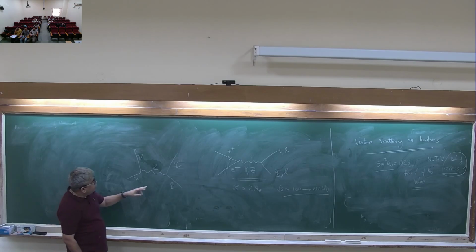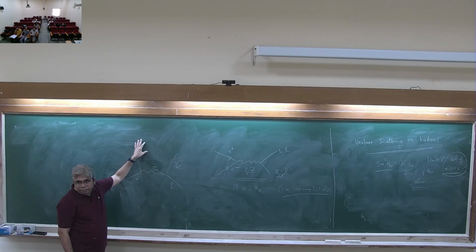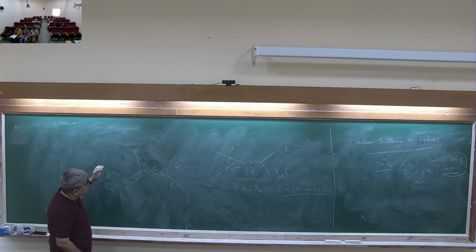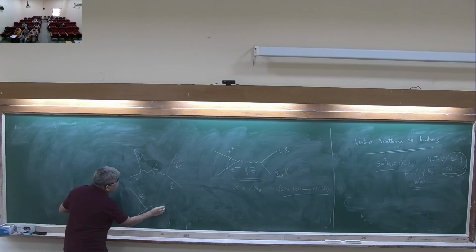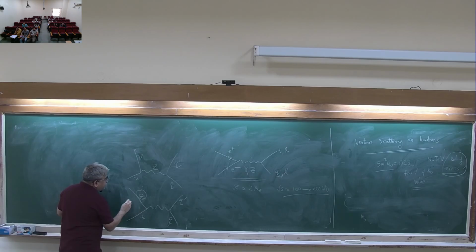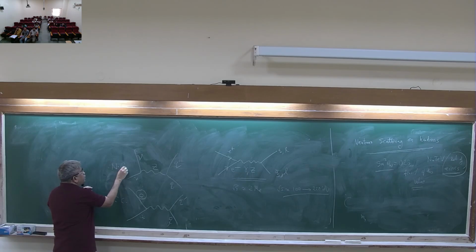So if you measure the electrons, you know what is all the charged current part. When you bombard the neutrinos, you measure all the electrons, and if there is nothing else, this gives you the charged current component. This gives you the neutral current component.